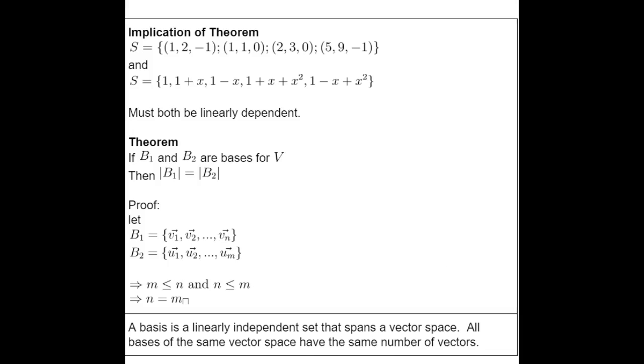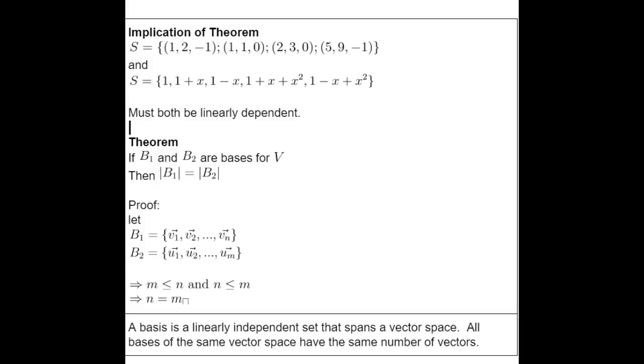Okay. So rather than doing more chalk and talk here, I'm just going to go through some of the implications of this. So let's say this is the set S. It has here 4 vectors, but we already know that there is a basis for R3, the standard basis, and that has 3 vectors. So S must be linearly dependent here.